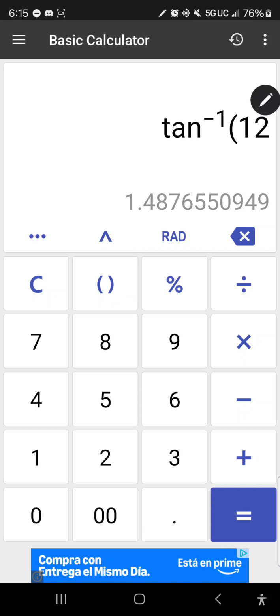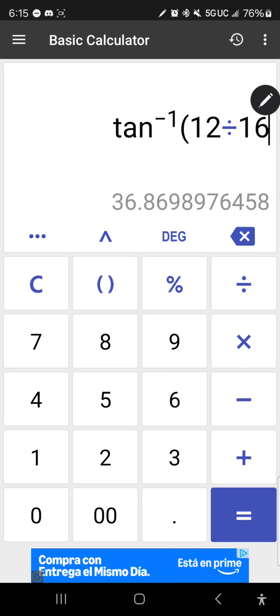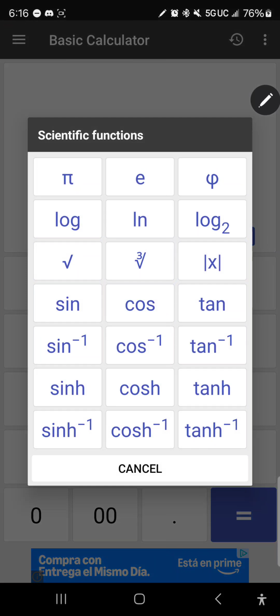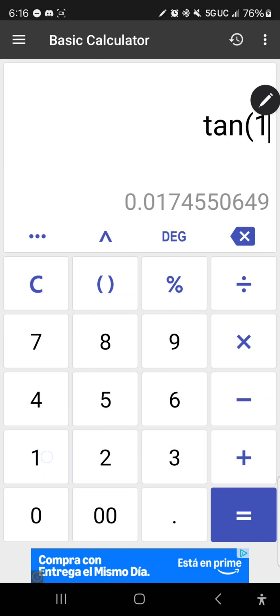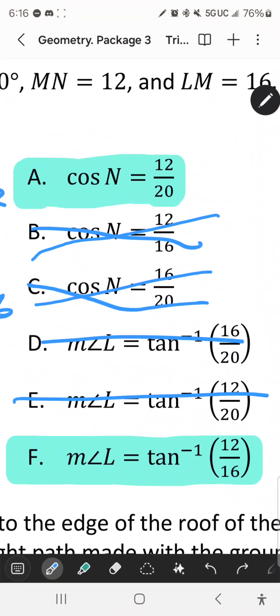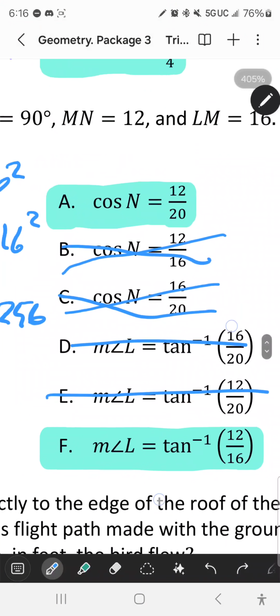It is used to calculate the measure in degrees of 12 over 16. So this angle is 36 degrees, or 36.87 degrees, whatever you're looking for. But if you calculate the tangent without the -1, it just gives you the value of the actual tangent, which is always 0 point something. That's basically it for this exercise.